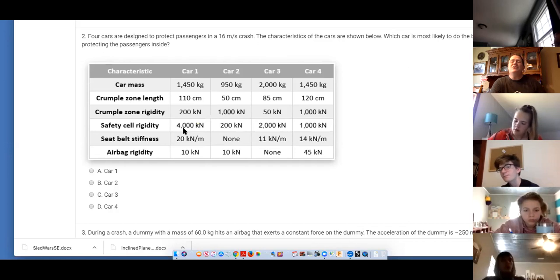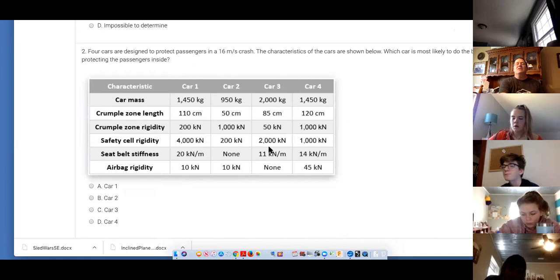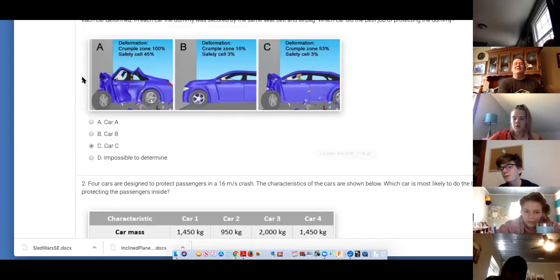Safety cell is where you're sitting. So in the passenger seat, in car 1, it's going to be more like this. You have a nice rigid safety cell, maybe only 3% deformation. Car 4, less. So it's going to be kind of like car A.